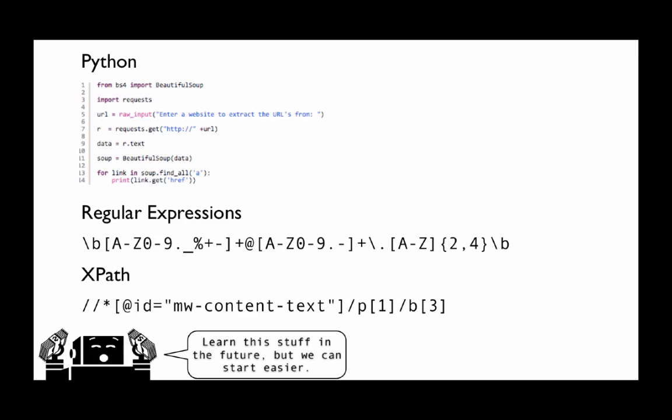I will say that if you have the desire to get better and more technical and understand more about web scraping, how the web works, and parsing, you should take the time to learn some of these extra concepts, because they can help you do some very powerful things. Additionally, XPath, the last example here, is not the same as regex, but it's another way for us to identify elements in an HTML page.